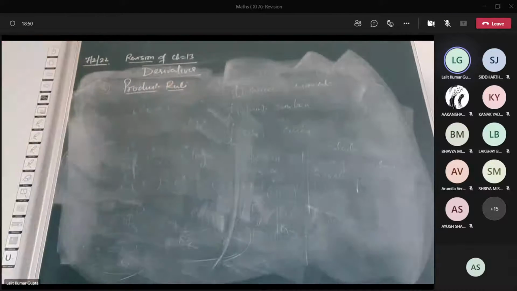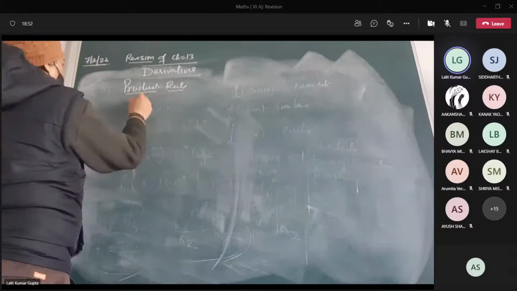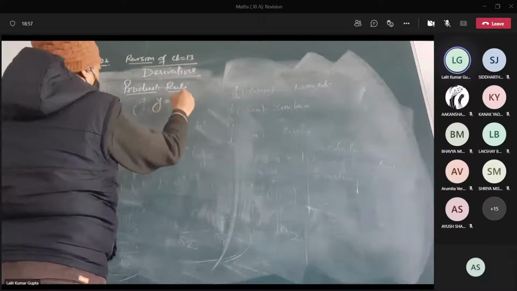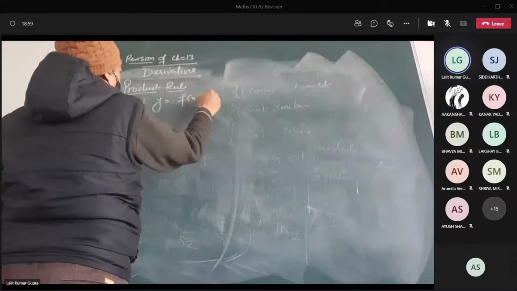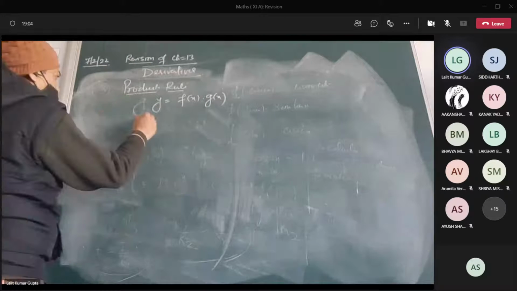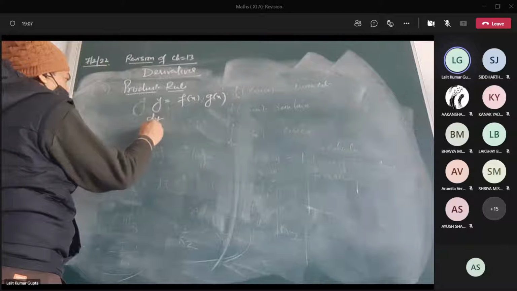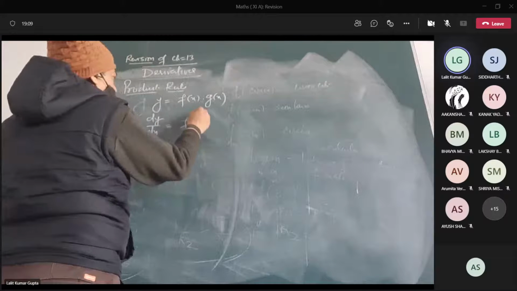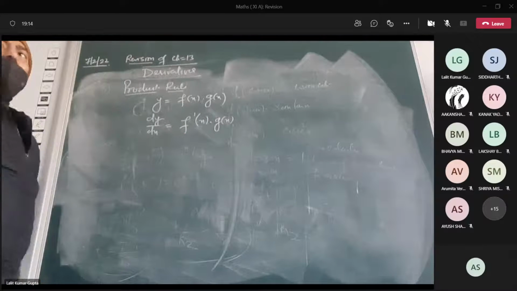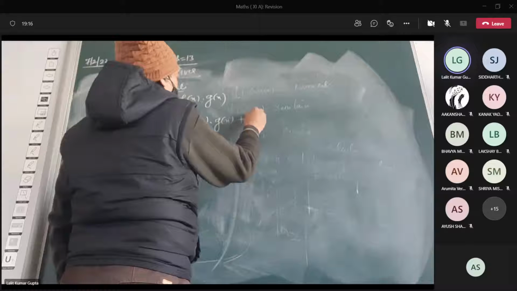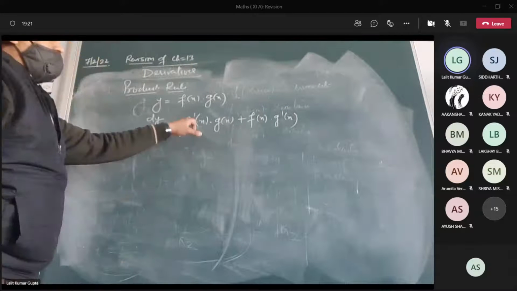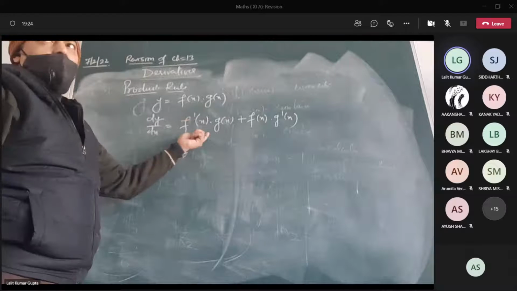So next is the product rule. When we apply this, when two or more functions are in a multiplication form. Suppose we have y is equal to f(x) into g(x). The derivative of y, denoted by dy/dx, is the derivative of the first into the second function as it is, plus the first as it is into the derivative of the second. The dash represents the differentiation of that function.